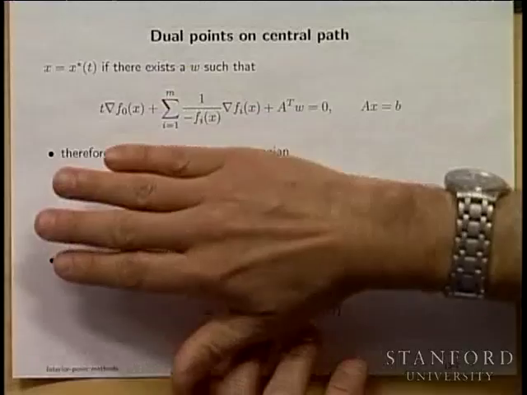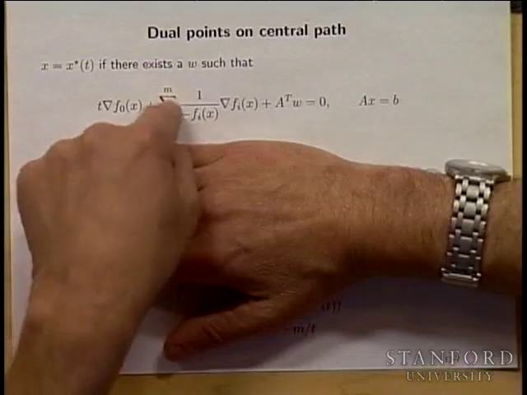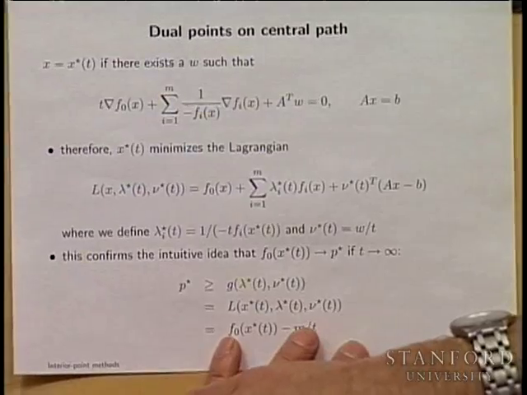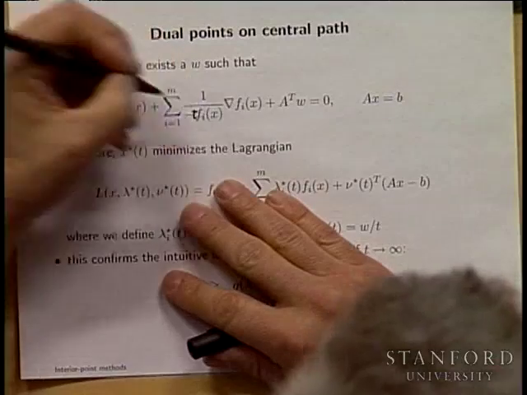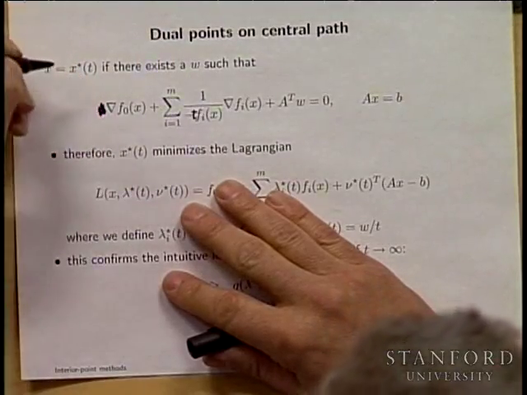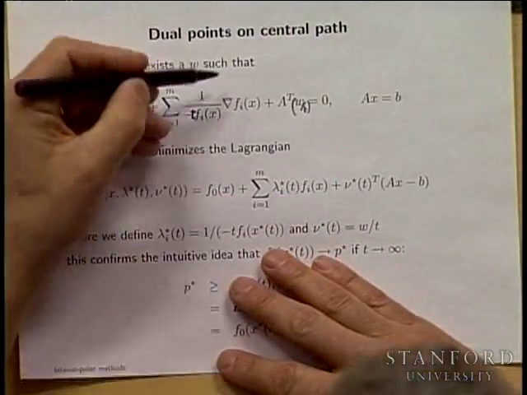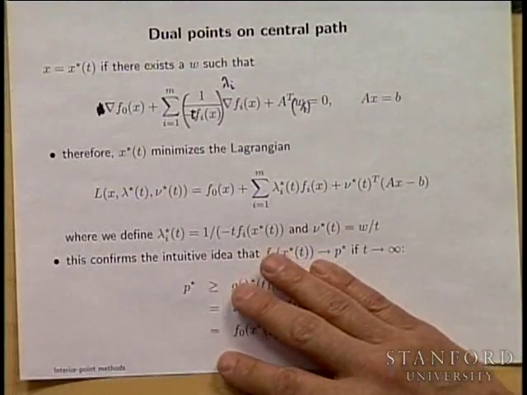Now, if you stare at this long enough, you'll realize you've seen stuff like this before. We can take this and divide by t. That's the first thing we'll do. Then you realize these are just positive numbers, so I'm going to call those lambda i.